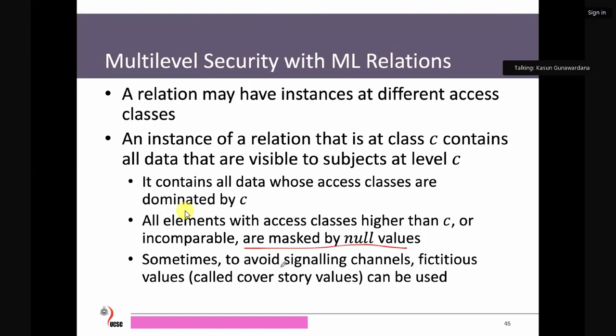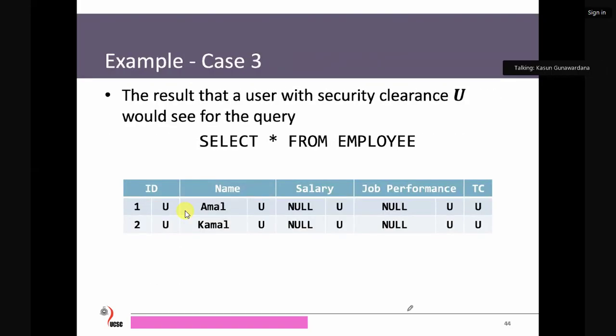Sometimes to avoid signaling channels, fictitious values can be used. In more specific cases, like when you set it to null values, the user might suspect.